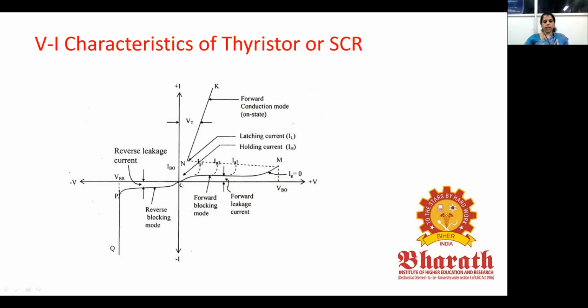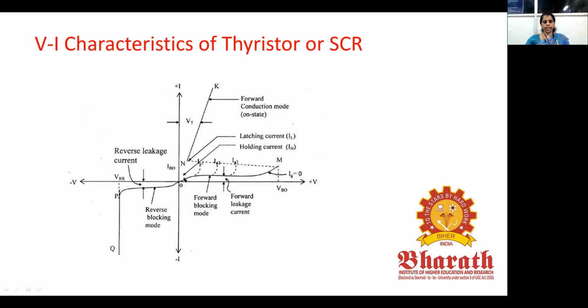So here we are going to vary the voltage and check the current. Gradually, I will give some gate current to the gate of an SCR, and gradually increase the anode cathode voltage of the SCR, and find out how much current is flowing in the anode.